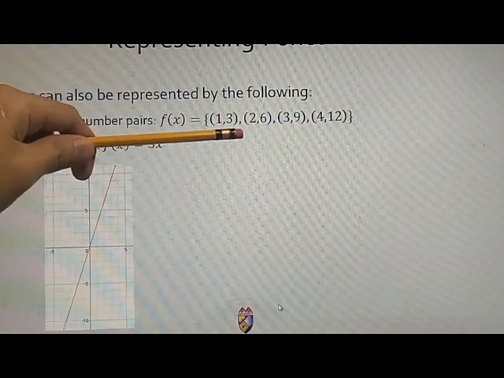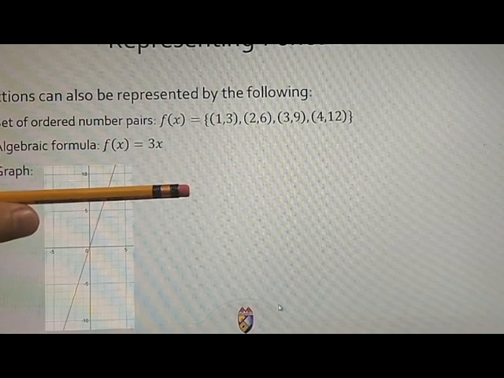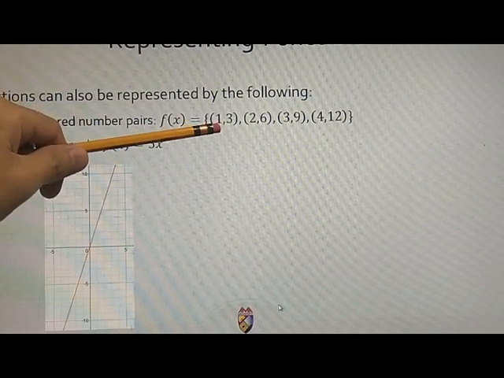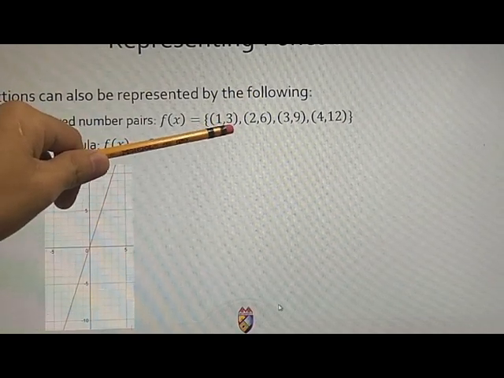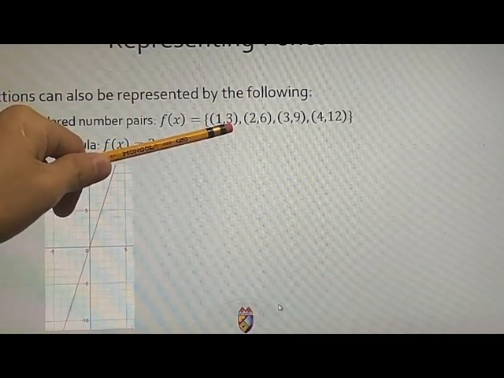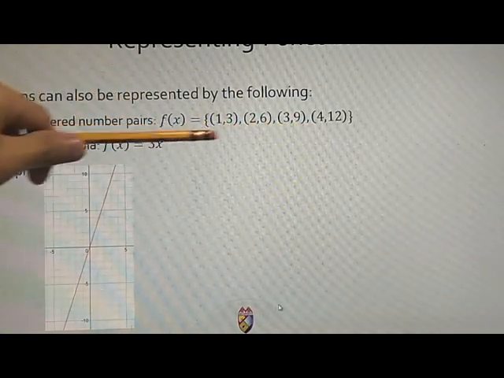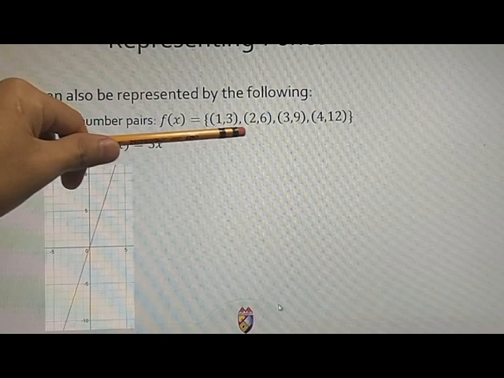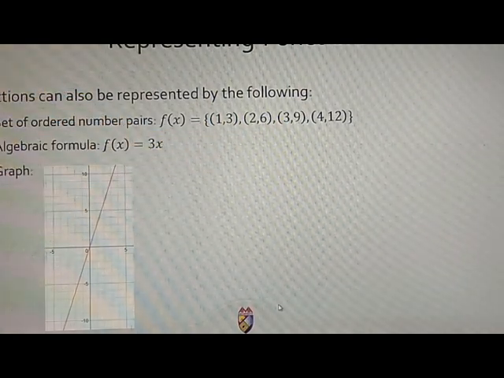Each ordered pair is a sample of the function. The first element of an ordered pair is the input, and the second element of an ordered pair is the output. So for this example, we have a set of 4 ordered pairs representing a function.